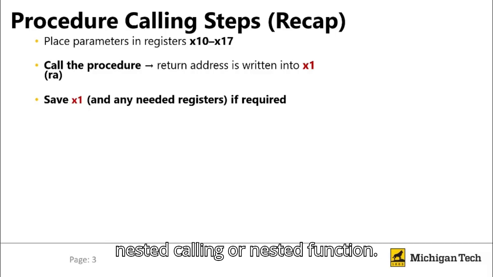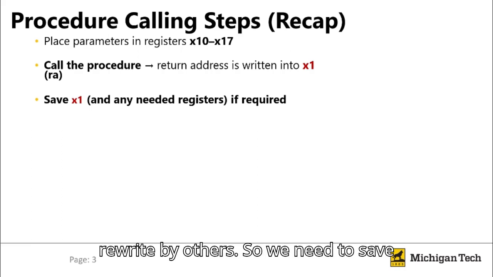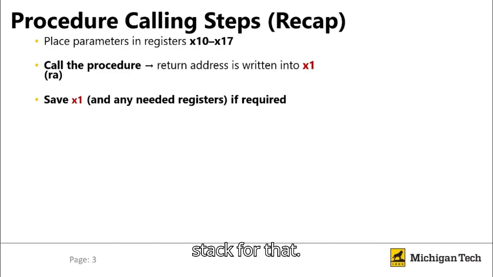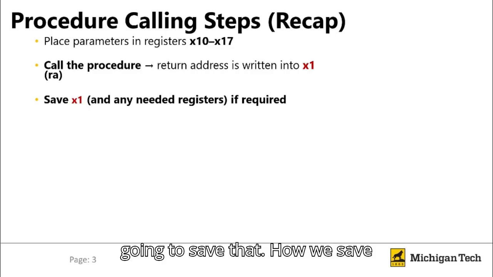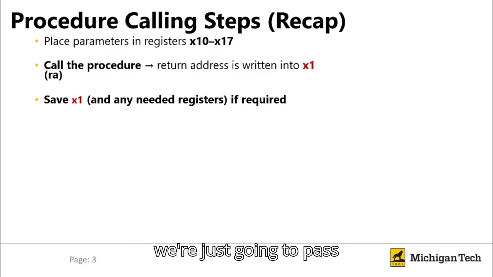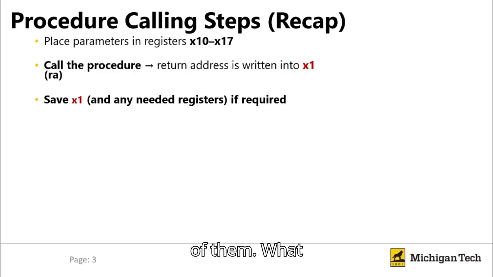So nested calling or nested functions. In that case, x1 is going to be rewritten by others. So we need to save it somewhere safe. We can use a stack for that. How we save it in a stack, we're going to see today, but I'm just going to pass quickly over this step and go deeper into each of them later.